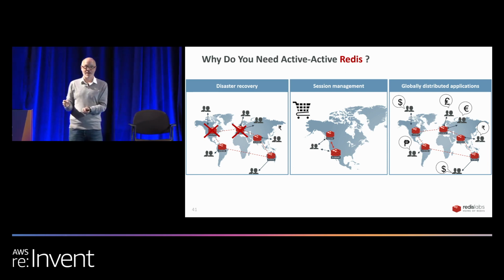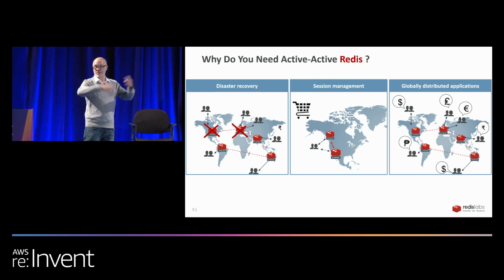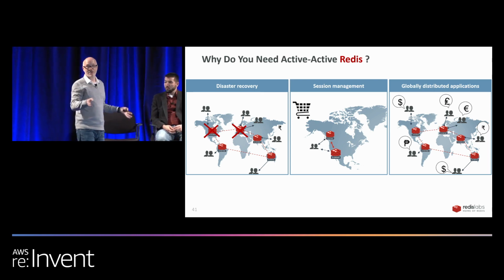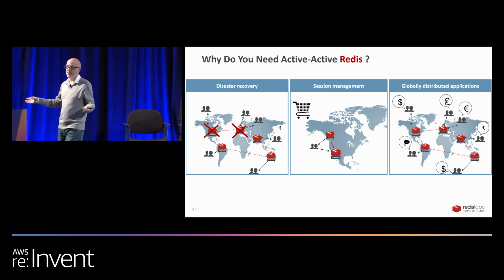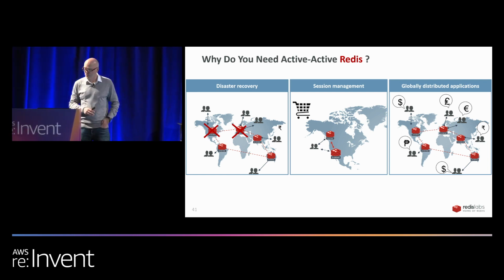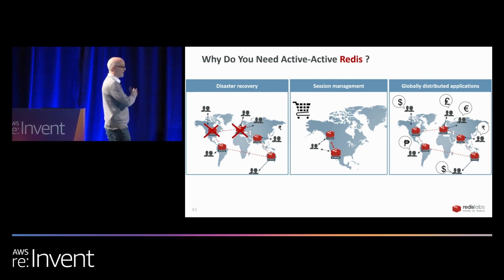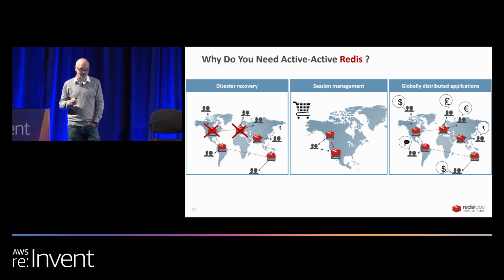I want to write that data locally as fast as possible. I don't want to wait for a distributed write to occur. But I also want to ensure that anybody else in that game also knows I've got that widget. And so that data gets replicated through all those data centers. So here are a bunch of ways that you can use active-active, whether it's in regular commerce or kind of fun things building a multiplayer game.